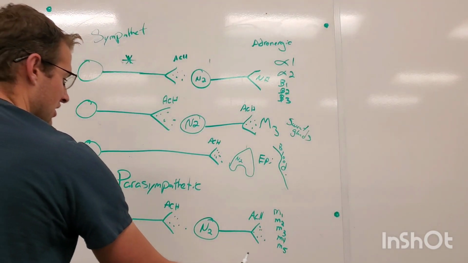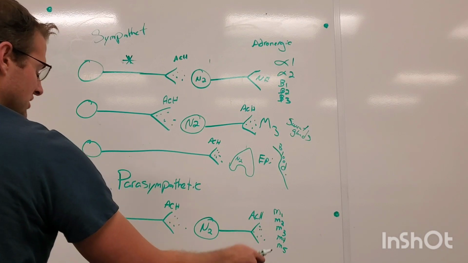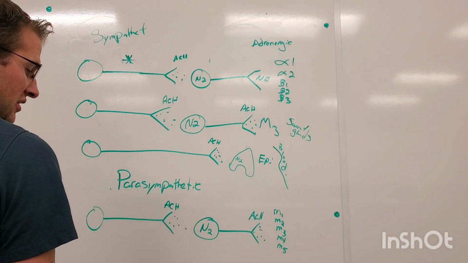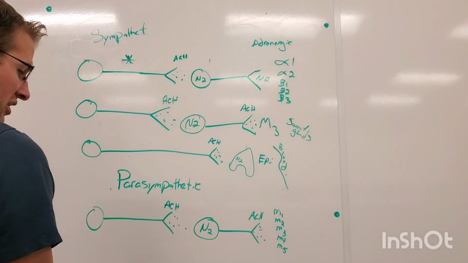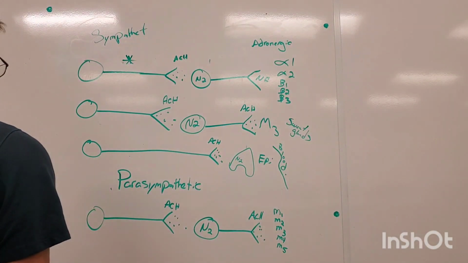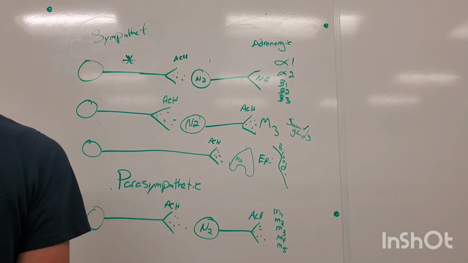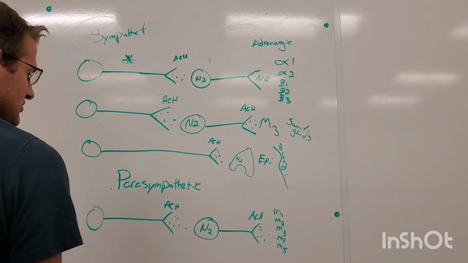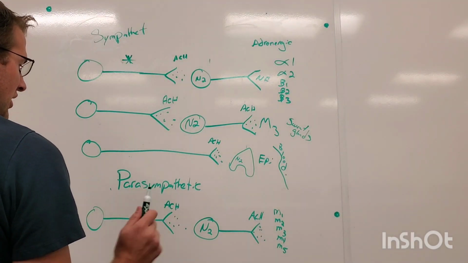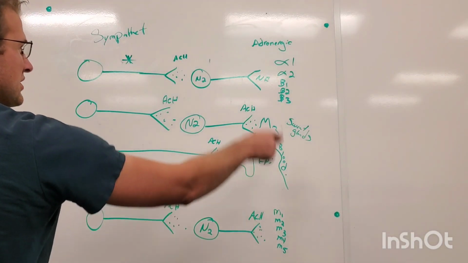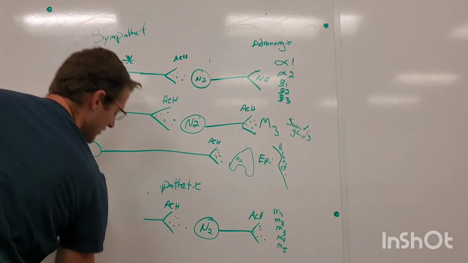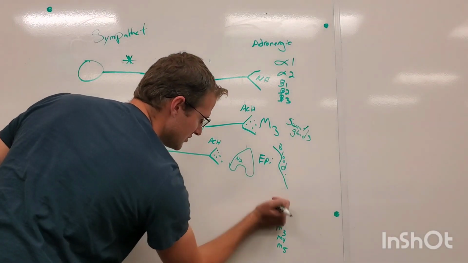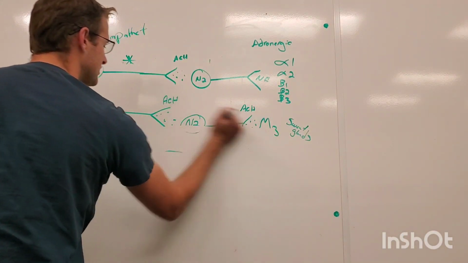And depending on what the receptor does will determine if it's going to cause an excitatory postsynaptic potential or an inhibitory postsynaptic potential. So I could kind of go over that. We'll go over maybe a little bit more about these receptor types really quick.